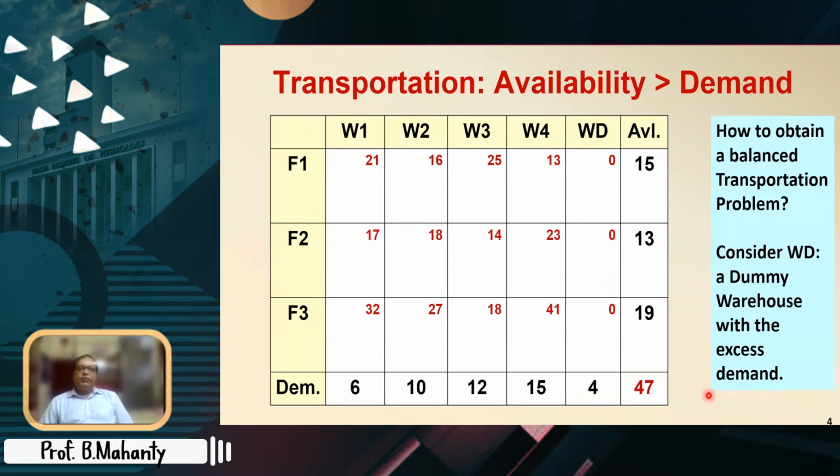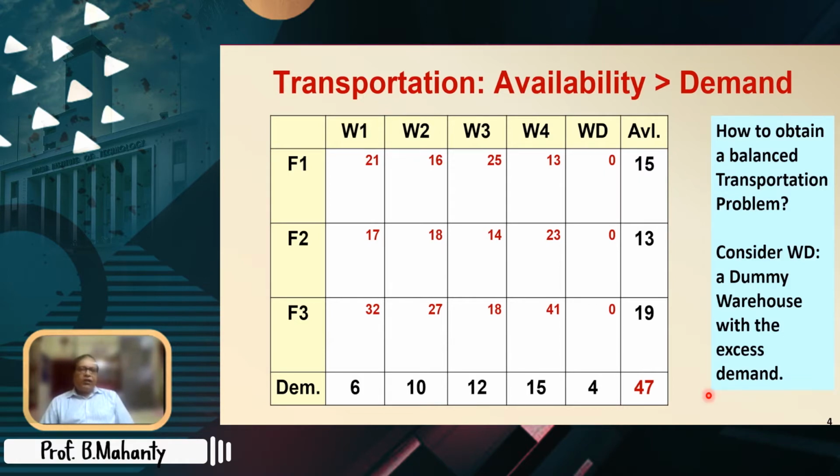At that time, the interpretation is that F3 will have unused capacity of 4 units. So either it means that those 4 units are put in inventory or stock, or it may not even produce those 4 units. That is the final interpretation as far as the real system is concerned.